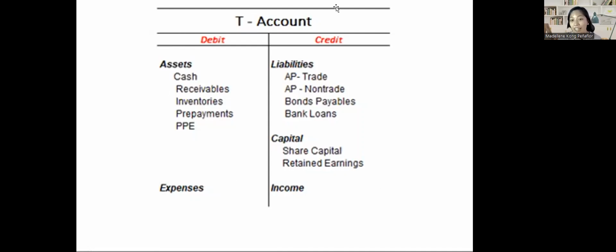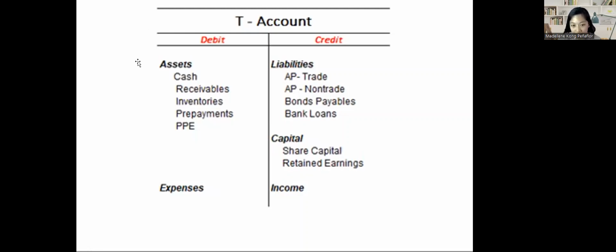On the credit side, on the other hand, we have liabilities and the types of liabilities: AP trade, AP non-trade, bank payables, bank loans, and other liabilities. Also, we have the capital, which includes the share capital and the retained earnings.